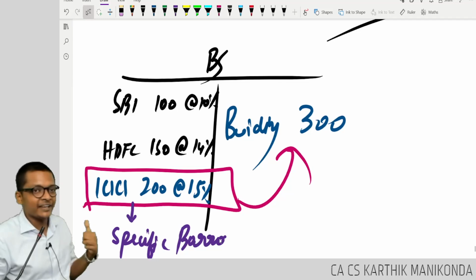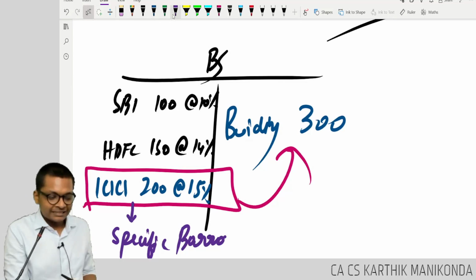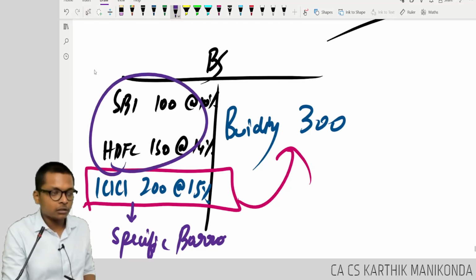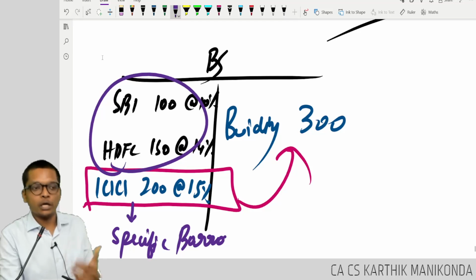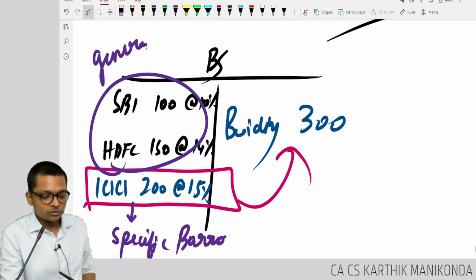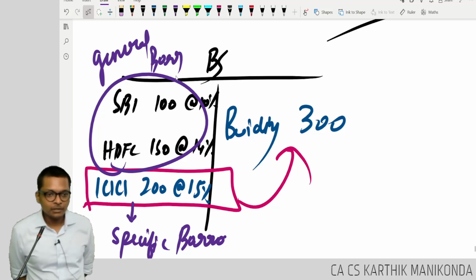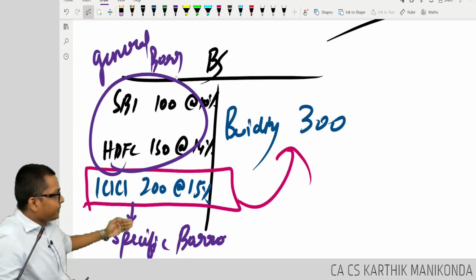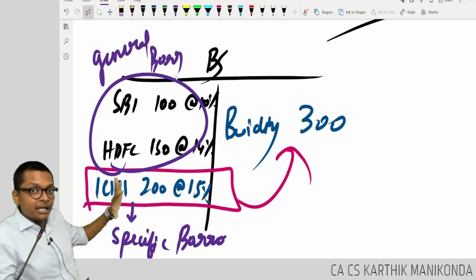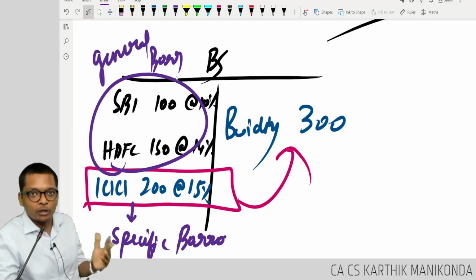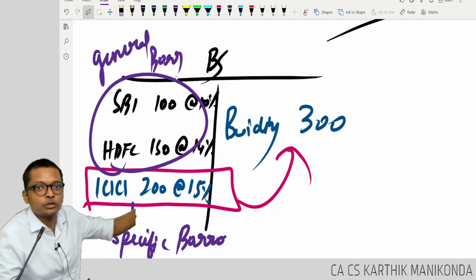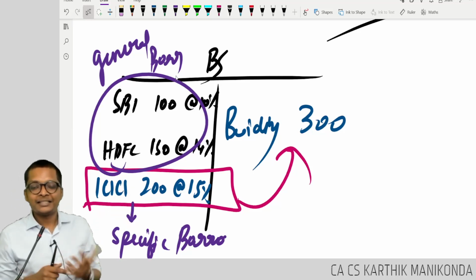So it's called specific borrowing. The opposite of specific is general borrowing. The main sum will have specific borrowing and general borrowing, multiple specific, multiple general possible, and multiple assets also. But that doesn't matter.